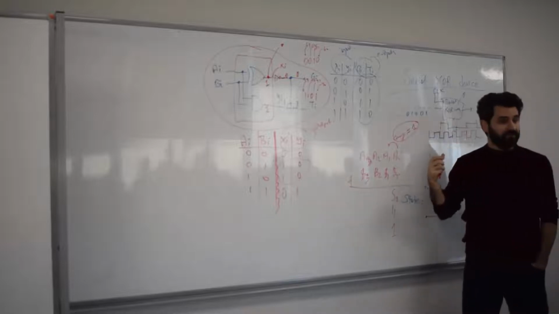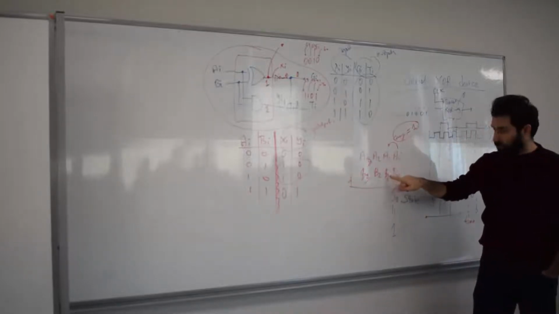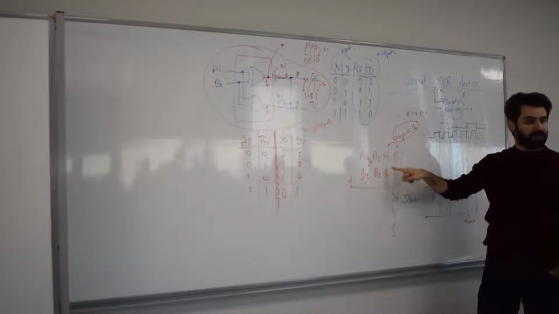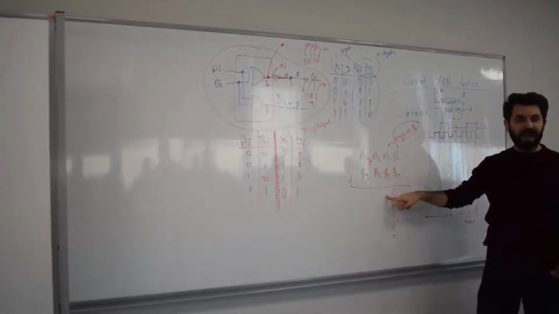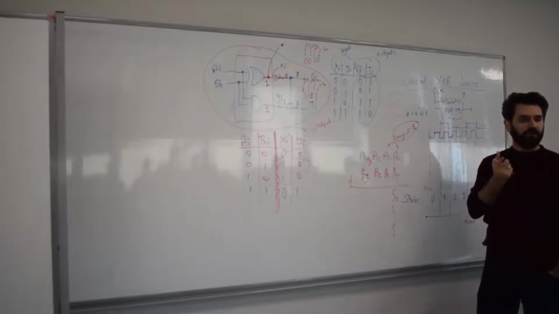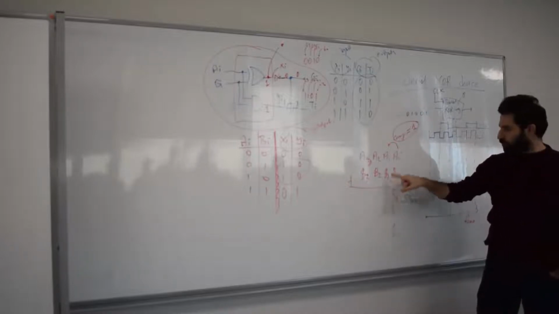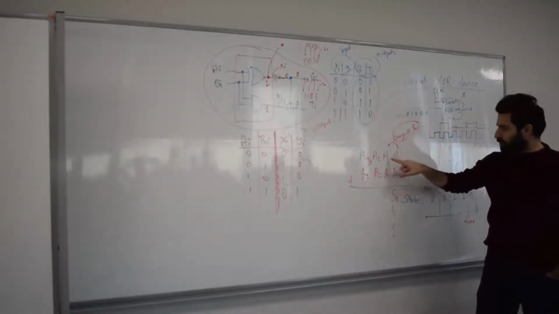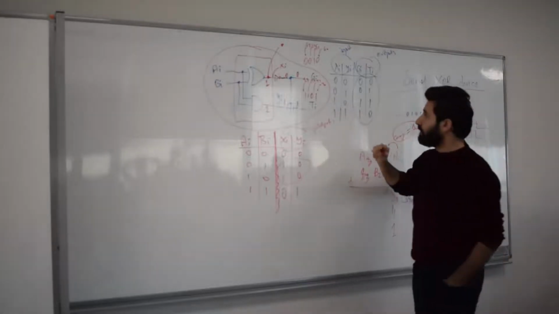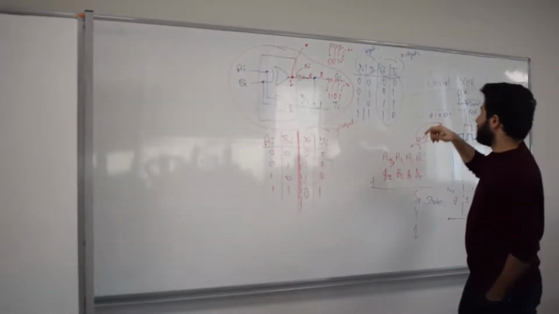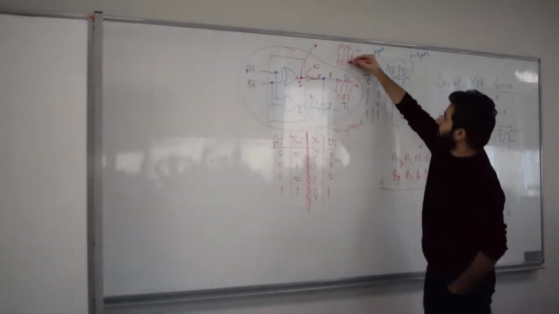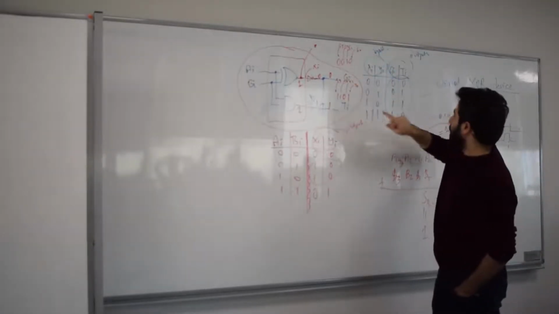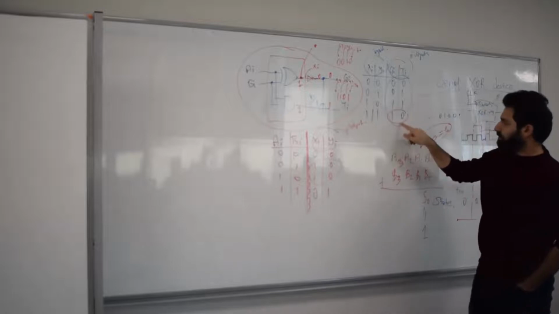Next, I have to figure out A1 XOR B1, because that's what I need to compute the next sum. I know from the full adder, do you remember the full adder, this sum is the XOR of A1, B1, and the carry. So I have got A1. I have to go backwards again. What is G1? 1. What is T1? 0. 1, 0 is right here.